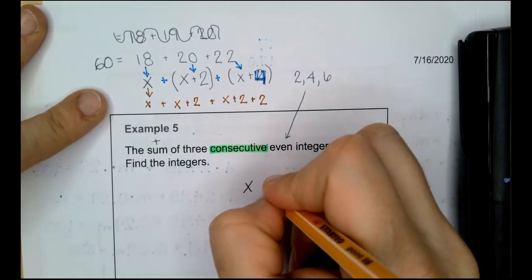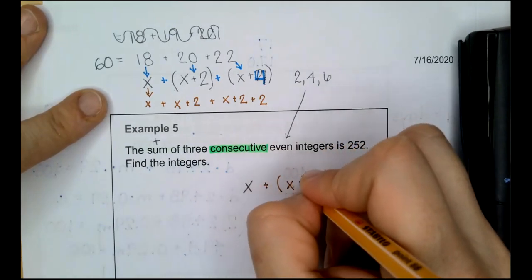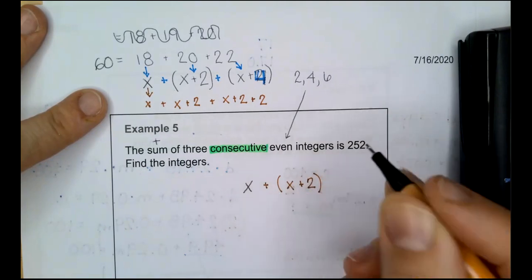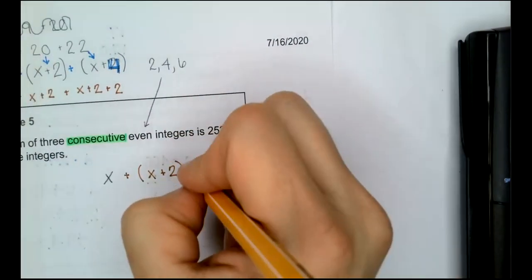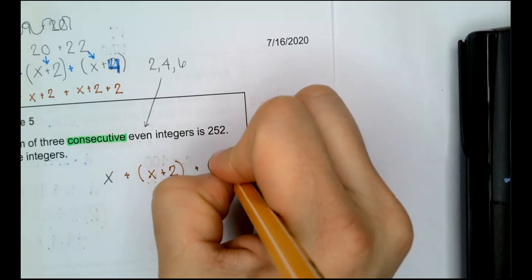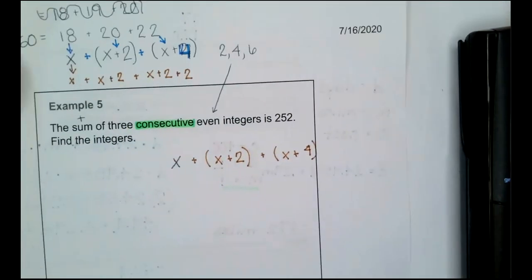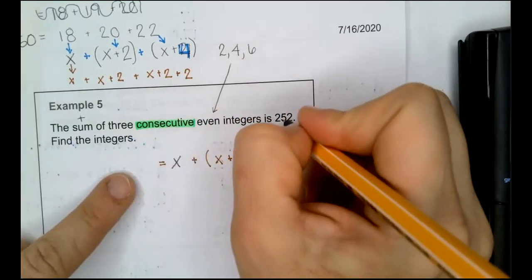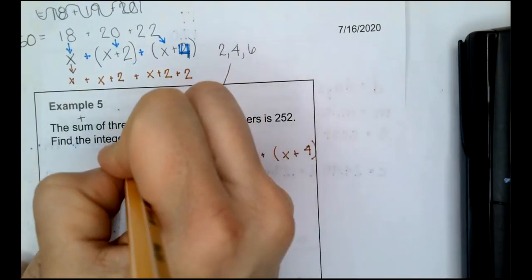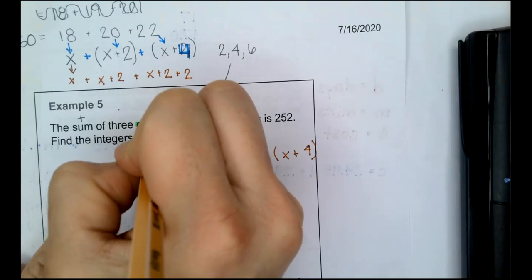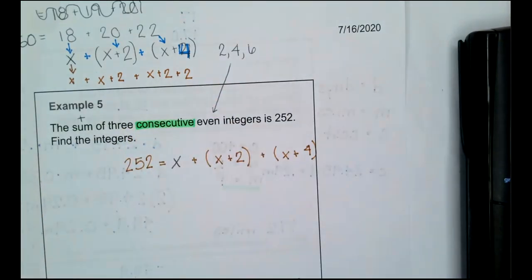So we have x plus 2 for the next even integer, and x plus 4 for the next even integer is something, right? Is y, is 252. Good?